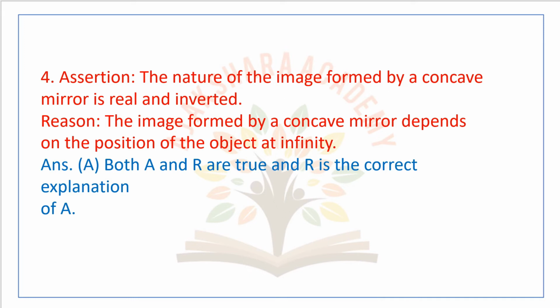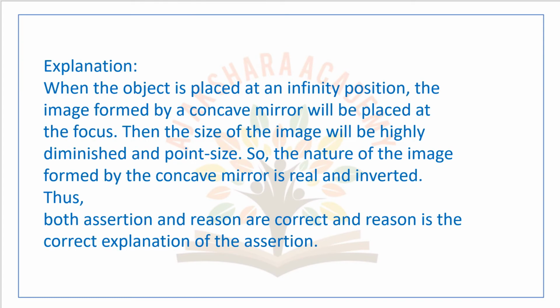Let us discuss. Both A and R are true and R is the correct explanation of A. When the object is placed at infinity, the image formed by a concave mirror will be placed at the focus. Then the size of the image will be highly diminished and point sized.